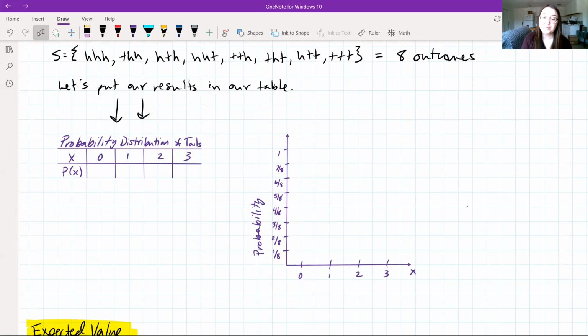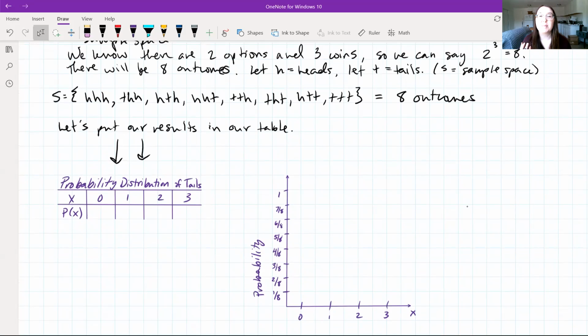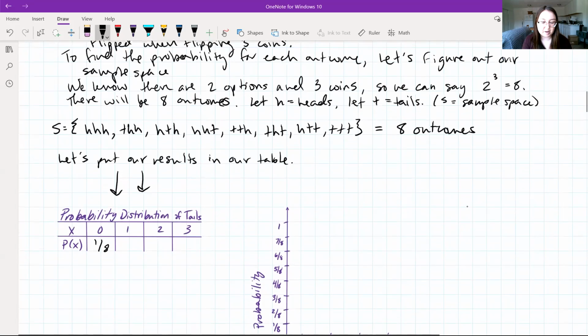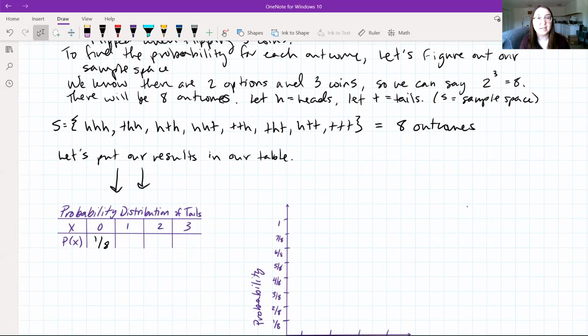So we know there's 8 outcomes. And if we think about getting 0 tails, there's only one option when we get 0 tails, and that's when we get heads, heads, heads. And that means that we have one option out of 8 of getting 0 tails. So our probability is going to be 1 divided by 8. Now we can think about the probability of getting just 1 tail.